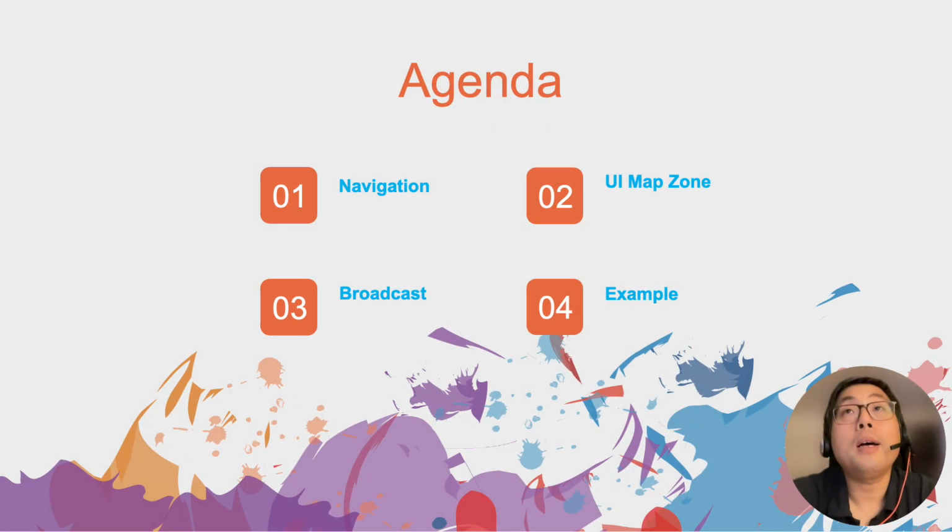Okay, so regarding UI, I think we did talk about these things earlier on at a very high level, like UI map, zone, which we can use, and how you can build the data structure for the UI map using schema.